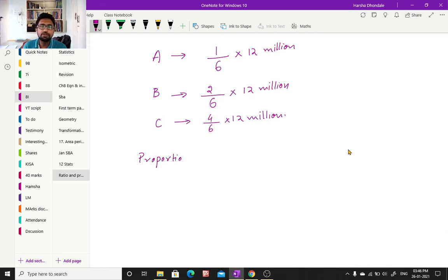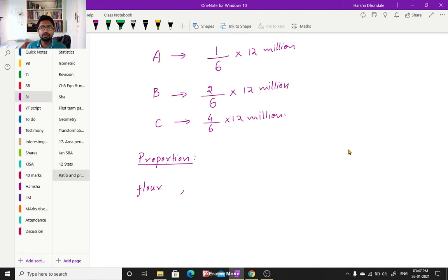Proportion is especially useful in the context where, I'll give you an example here. I make a cake, and for that I have used some amount of flour, and then some amount of water.